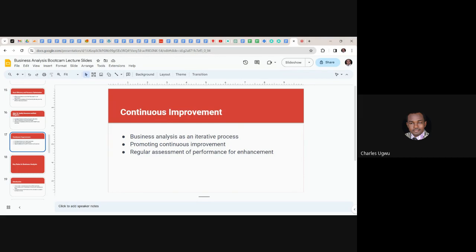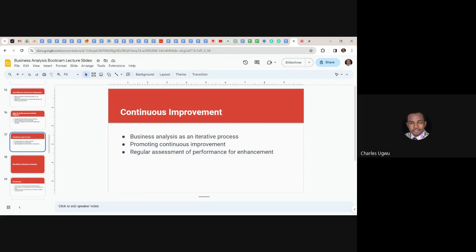So business analysis is an iterative process, promoting continuous improvement and regular assessment of performance for enhancement. You continue to assess the way users are using the application in order to add more value. You continue to improve because it's a continuous process.